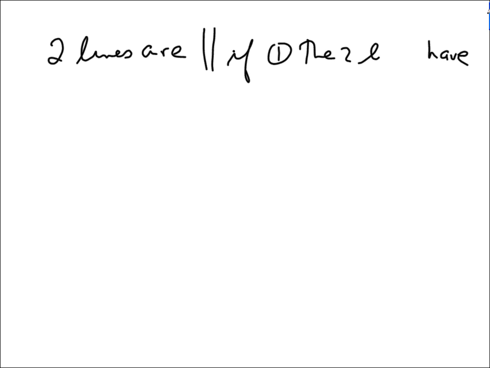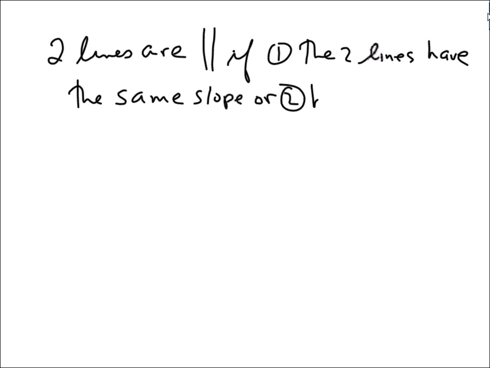Two lines are parallel if the two lines have the same slope, or two, both slopes are undefined.